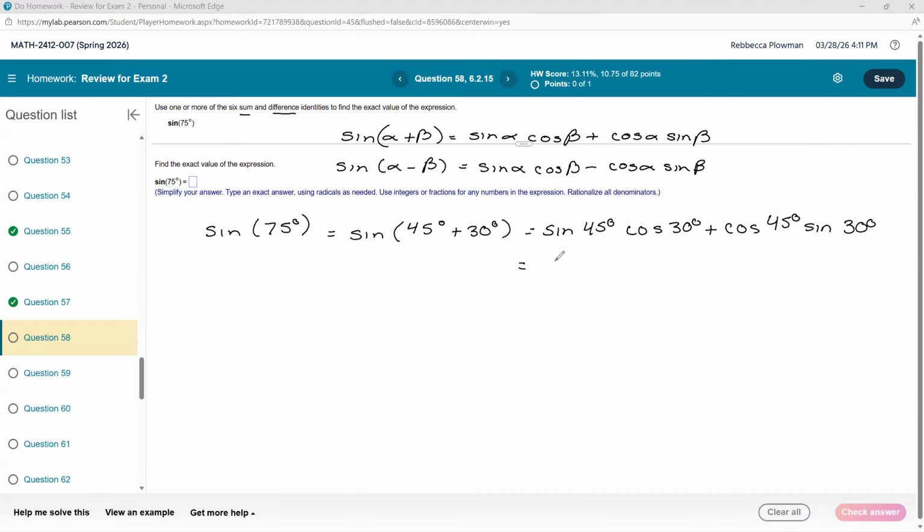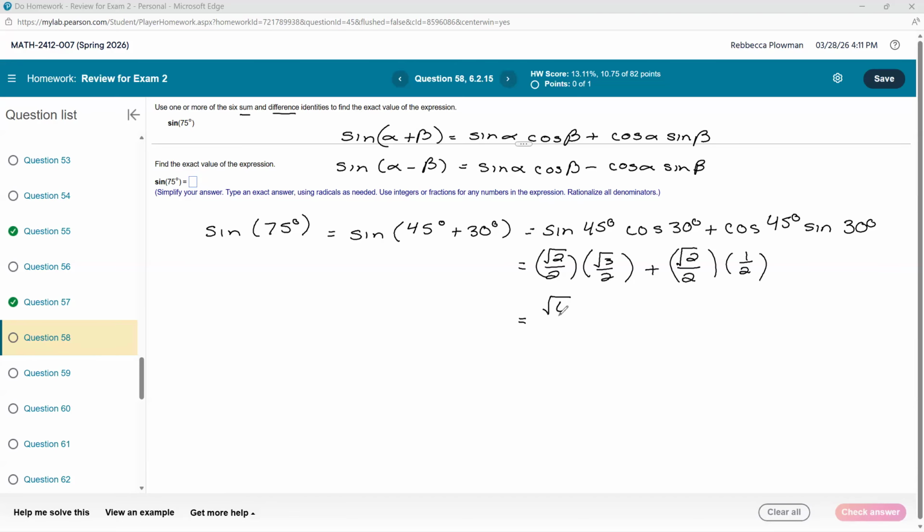So sine of 45 degrees is just going to be square root of 2 over 2. Cosine of 30 degrees is just going to be, cosine, sorry, square root of 3 over 2. I was looking at sine for a second. Cosine of 45 degrees is going to be square root of 2 over 2. And then sine of 30 degrees is going to be 1/2.